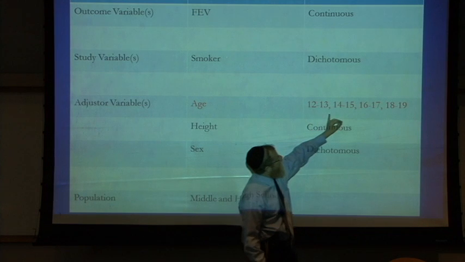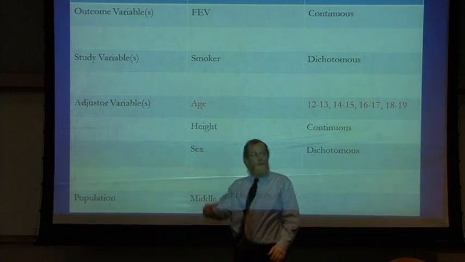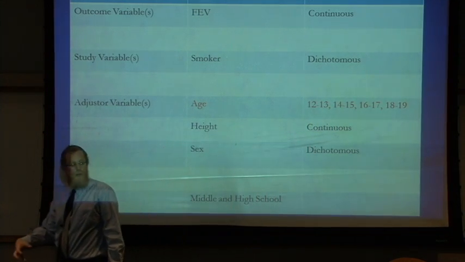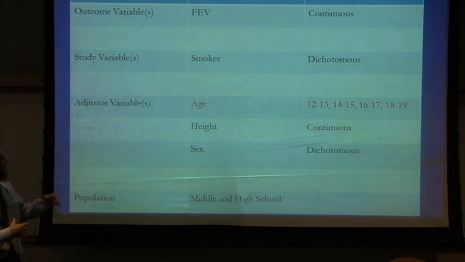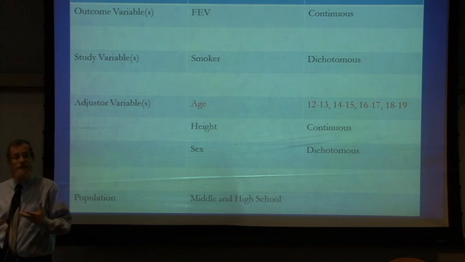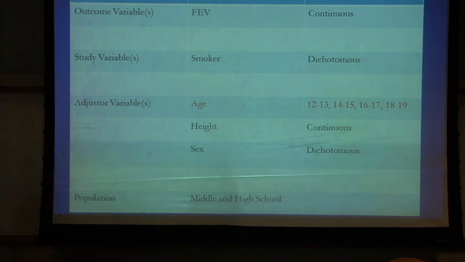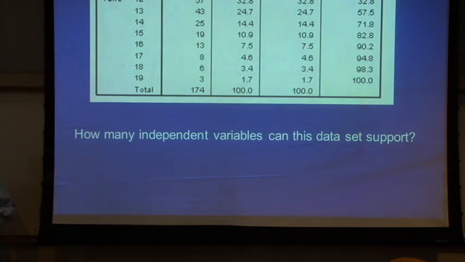Age has 4 categories, but we don't include the reference in the regression analysis, right? We don't include that in the model. So that's 3 more variables. So we have 6 independent variables. Great. Now looking at this, and this is from the FEV data set, how many independent variables can this data set support? Now think about it.